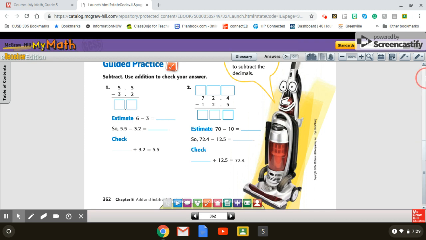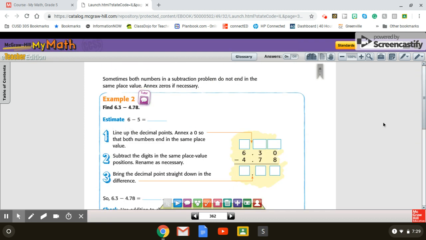The other thing you're going to have to do: sometimes both numbers in a subtraction problem do not end in the same place value. You're going to annex. Another word for annex, which they should have used, is add. We're going to add zeros if necessary. If we're taking 6 and 3/10 minus 4 and 78/100, this 0 is not originally there.